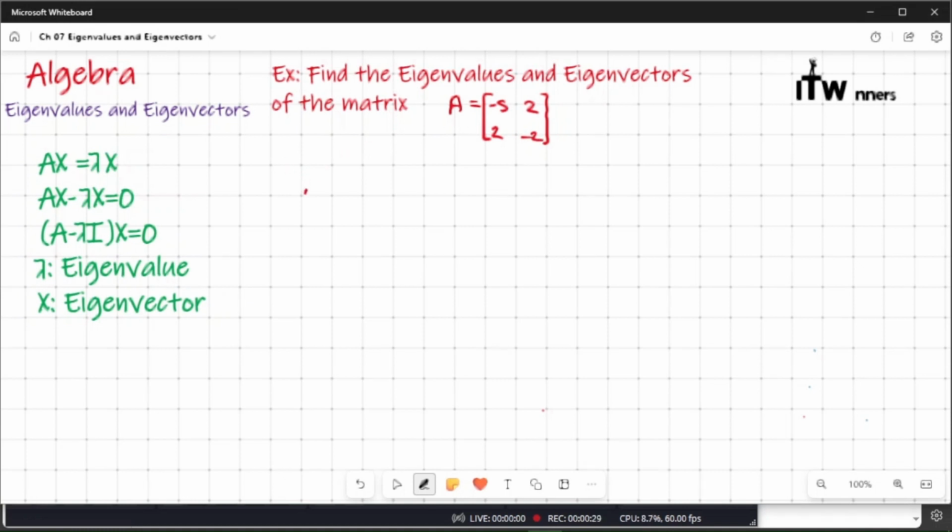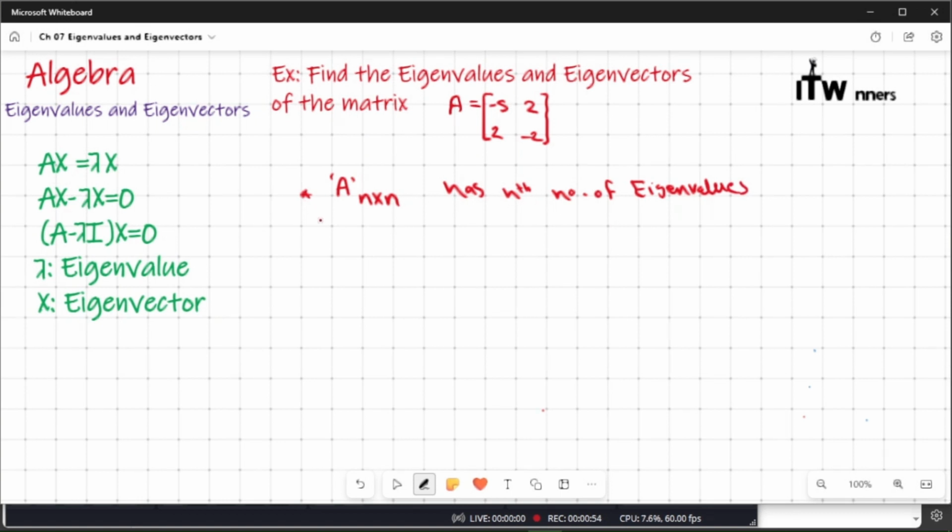First of all, a matrix A with dimension n by n has n eigenvalues.